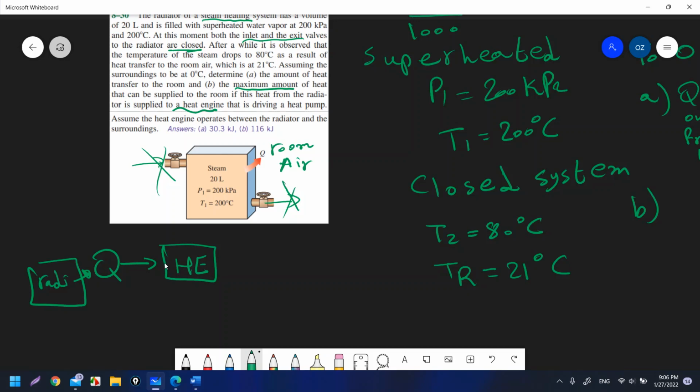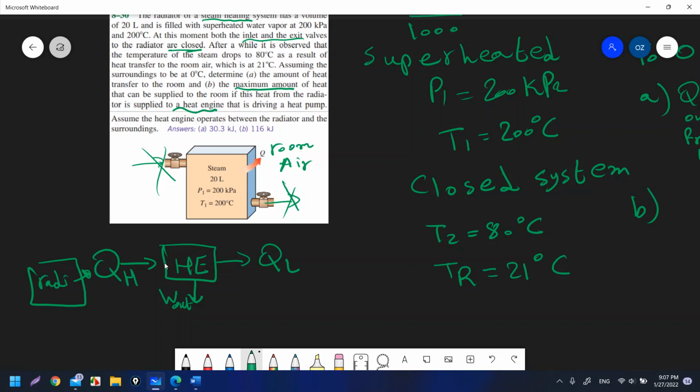This heat engine always takes Q hot, QH, which is Q out here, and produces work out, and rejects QL to the surrounding.